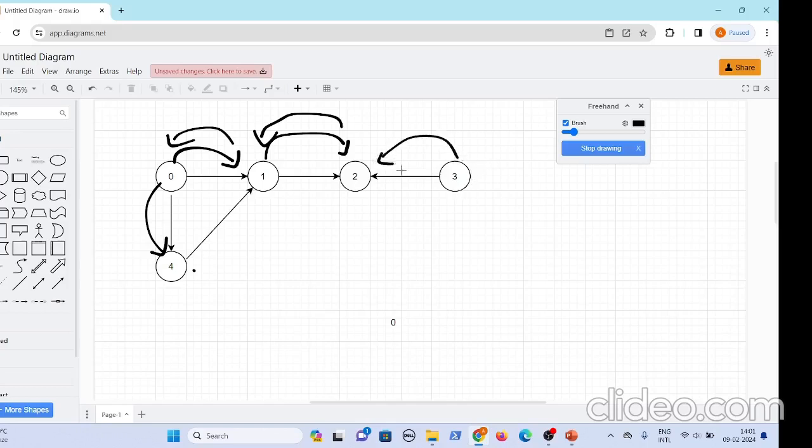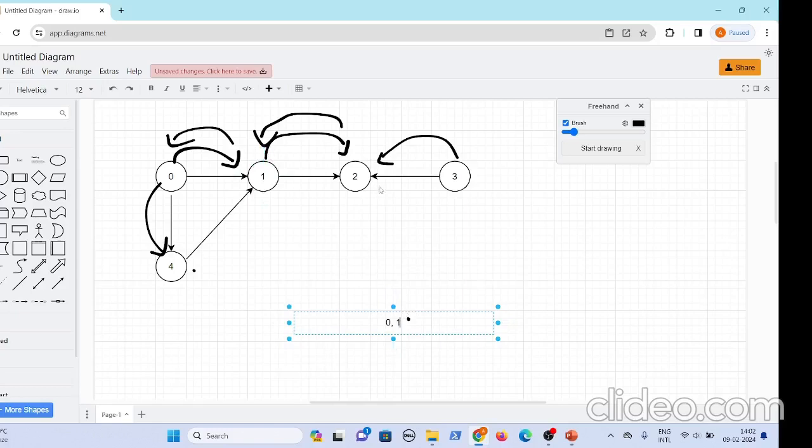So if you write the DFS order, it will become 0, 1, because in DFS, whenever you visit a vertex, you print it. First you visit 0, and as soon as you visit a vertex, you print it. Then I go to 1, and I print 1.